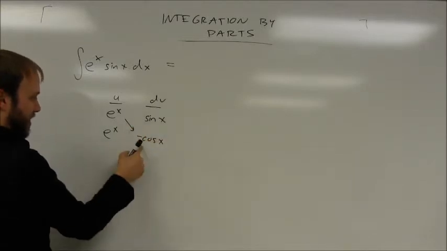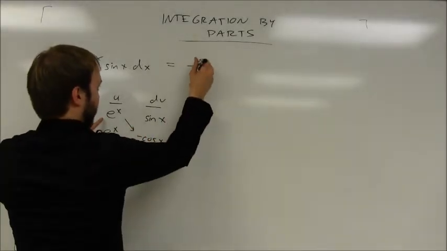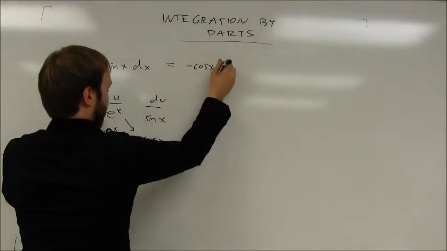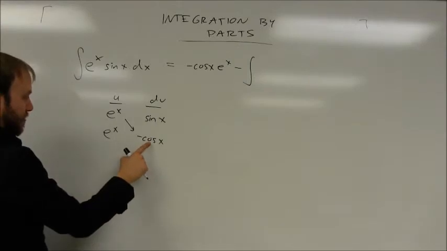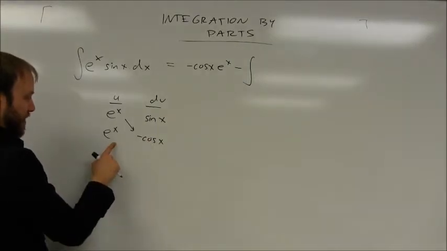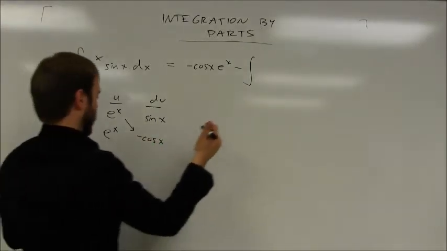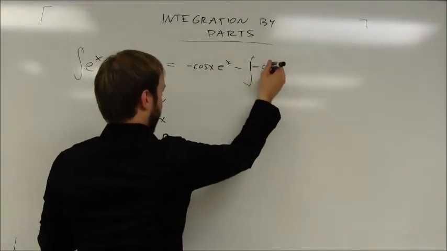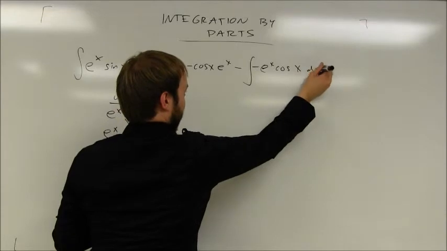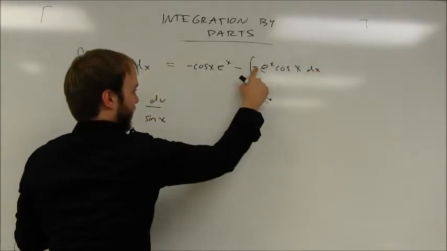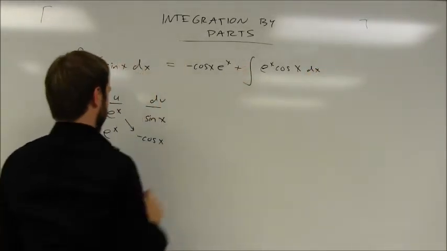Okay, so u times v is negative cosine of x e to the x, minus the integral of negative cosine of x e to the x dx, okay? Minus negative, same thing as a plus, so I'll move that over there and make a plus.